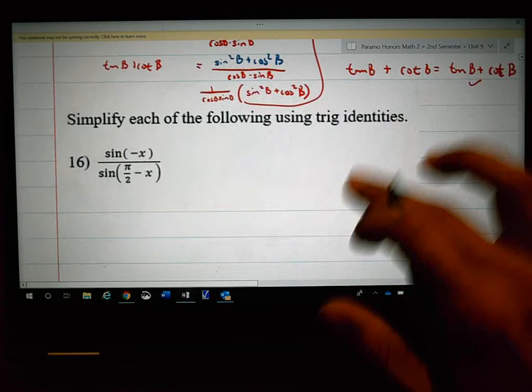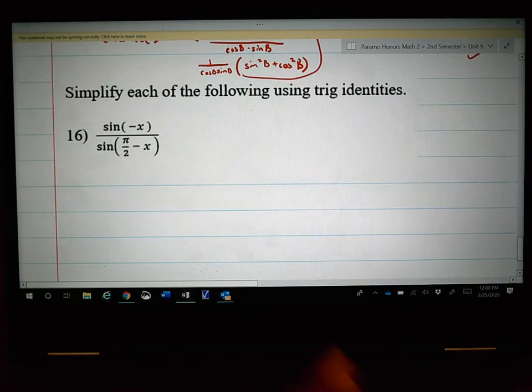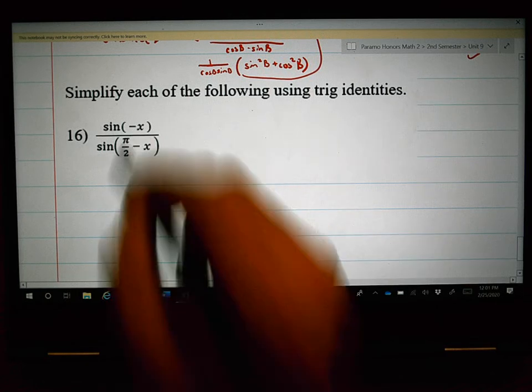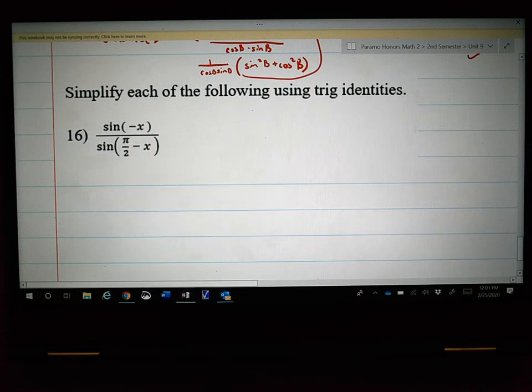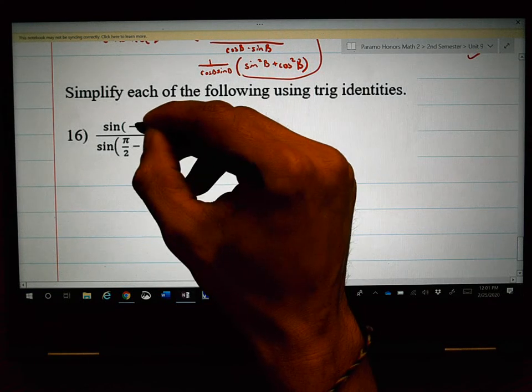Which brings us, remember, proofs, some of them are harder than others. That's why you'll get to practice some tonight. Then there's the simplified problems with some of the minor identities, like number 16. It has a negative angle. You have to change this negative angle into a positive angle.